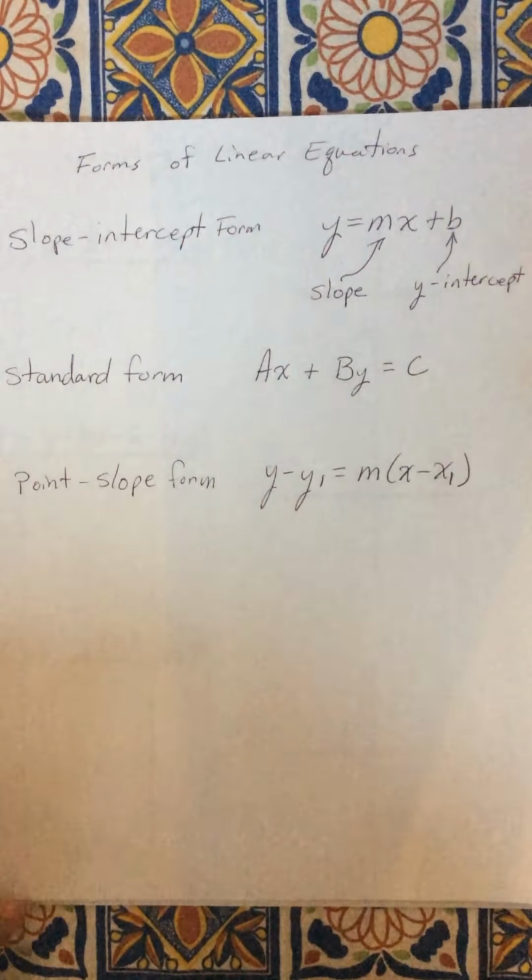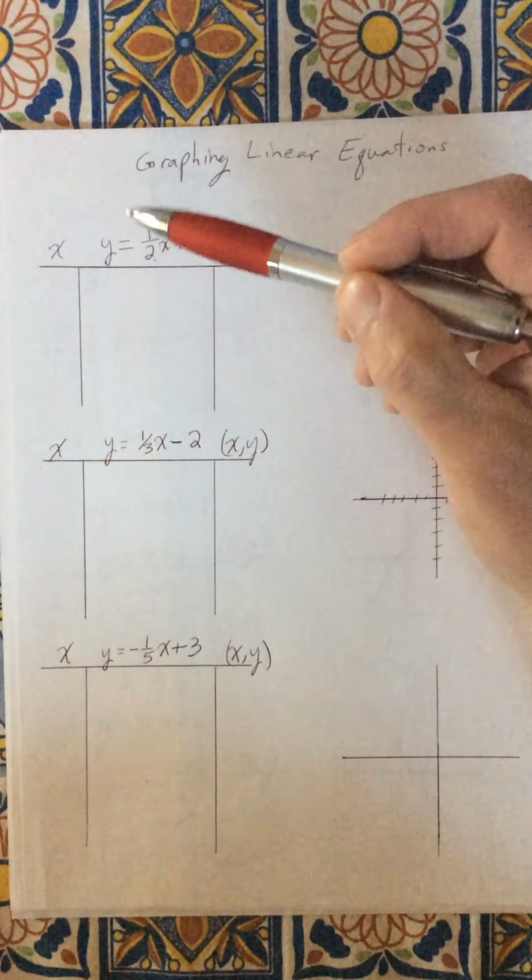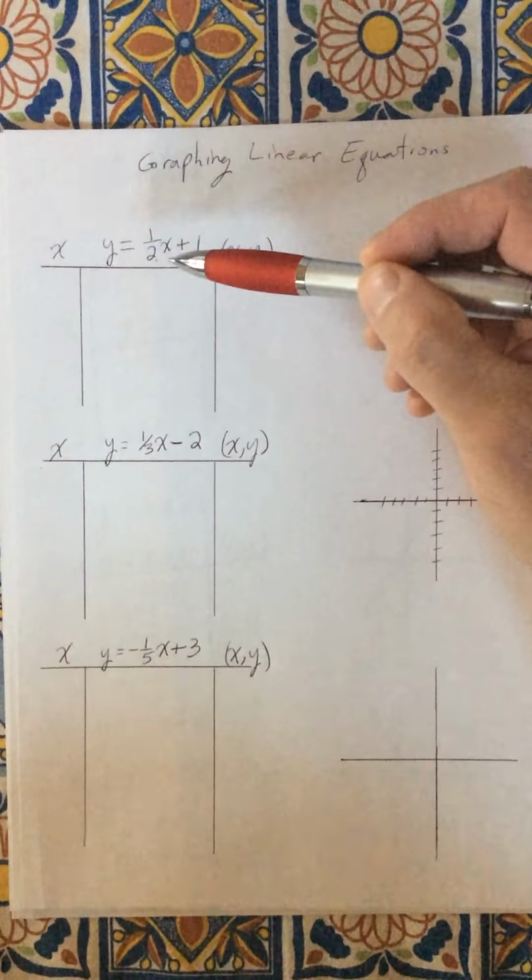So here we have a denominator of 2, a denominator of 3, a denominator of 5. I want you to choose multiples of that number as your x values. The reason is if you don't, you're going to get fractions over here. And if we choose multiples of the denominators, you're going to keep whole numbers.